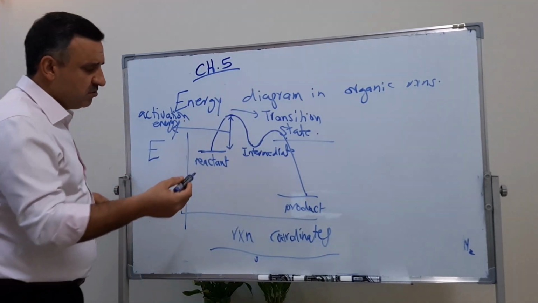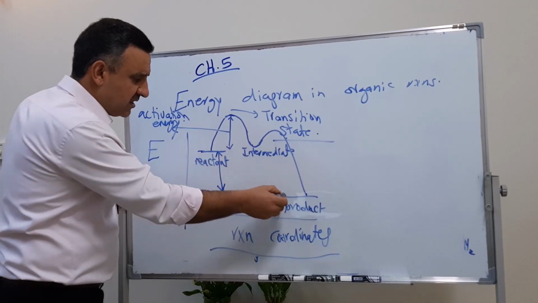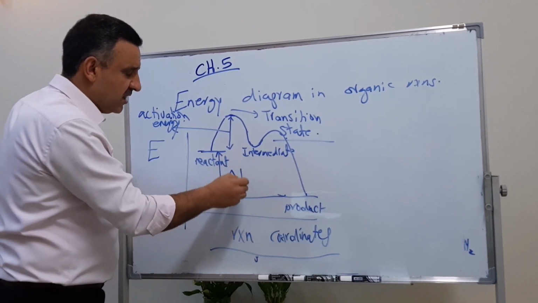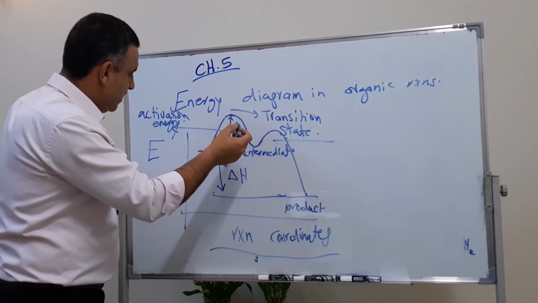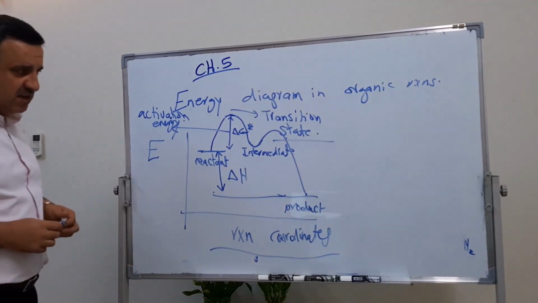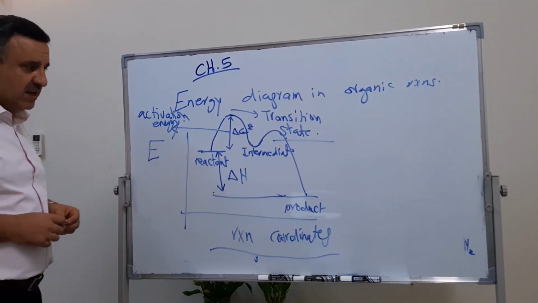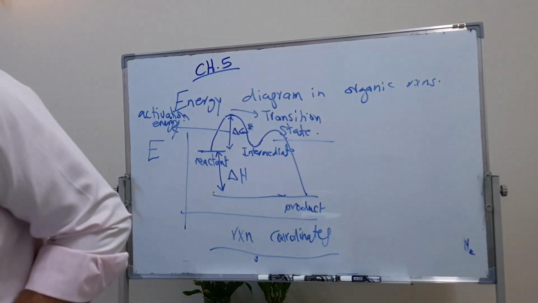Of course, as you studied before, this difference in energy between the reactant and the product we call the delta H of the reaction. This is the, let's say, activation energy, which is needed for any reaction. That's always the case in any reaction.